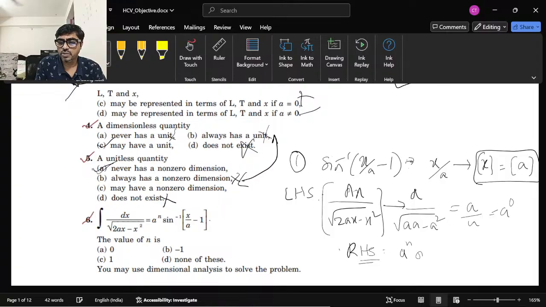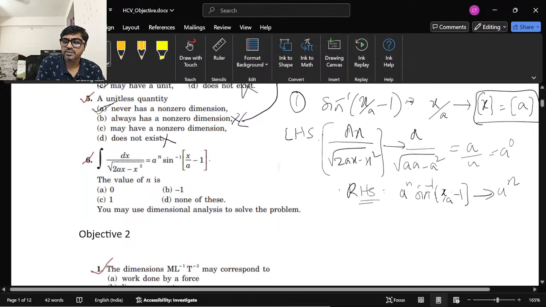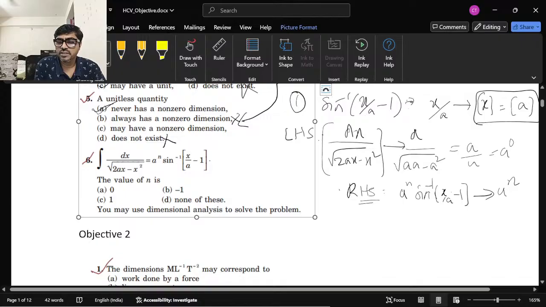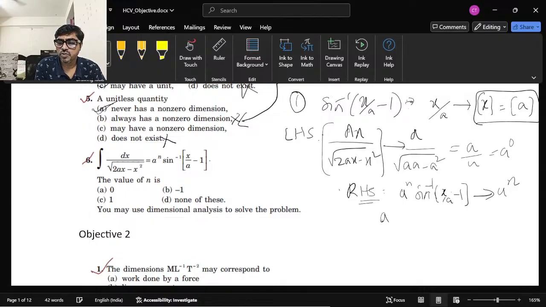A power n into sine inverse of x by a minus 1. So dimensionally a power n, because sine inverse of x by a anyway has no dimensions. So LHS and RHS dimensions must be equal. That means a power 0, which you are getting on the left hand side, that must be equal to a power n.